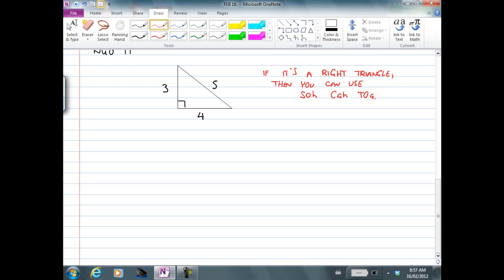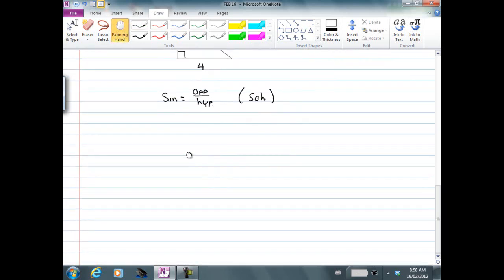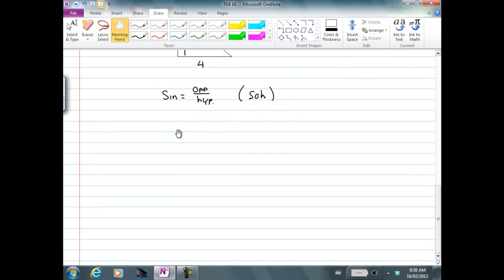Now, if you forgot what SOHCAHTOA is, really sine equals opposite over hypotenuse, and that's where that SOH comes in. Very nice. CAH, guys and girls, write down CAH and write down what it stands for. Just basic stuff back in grade 10.